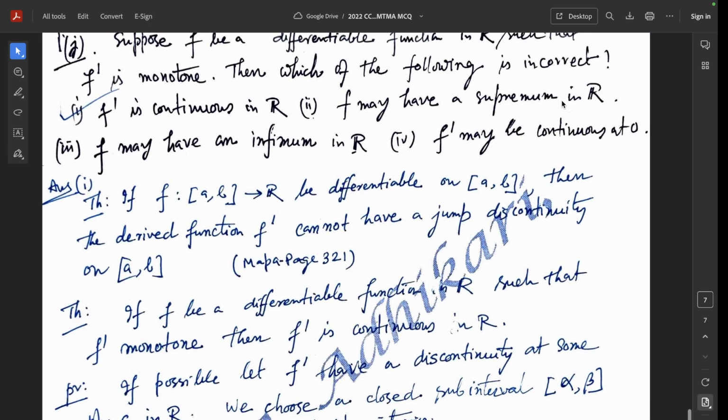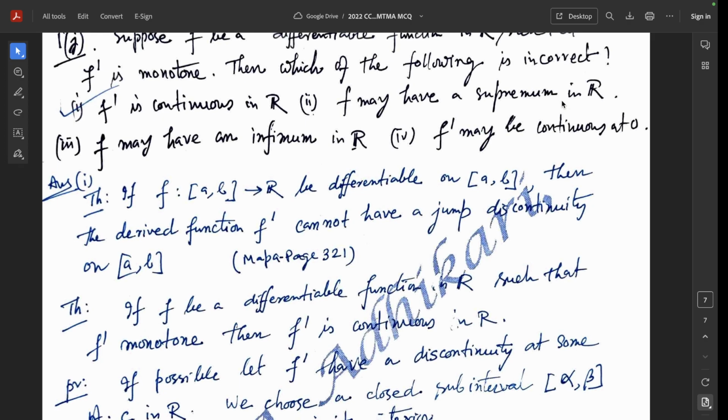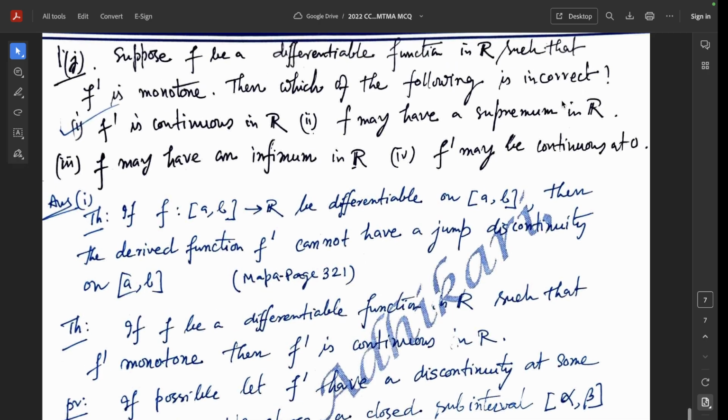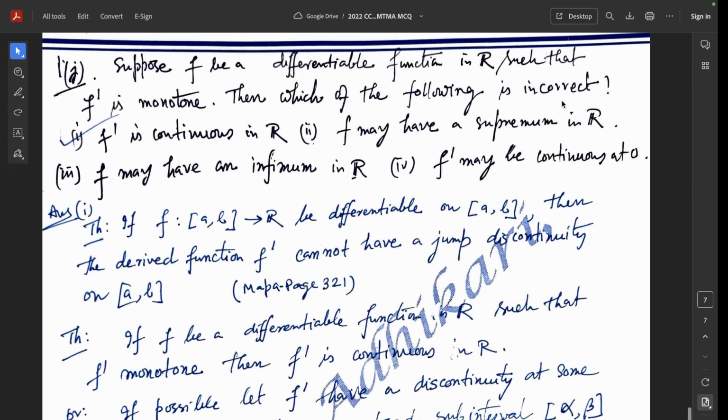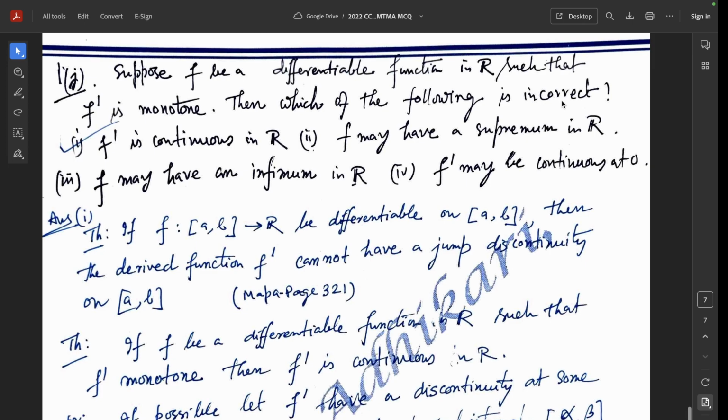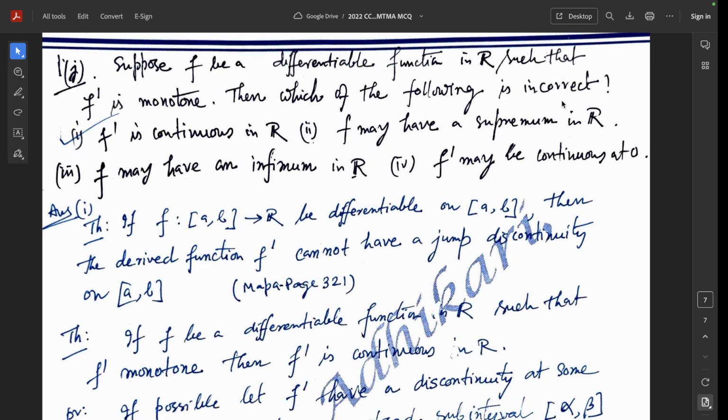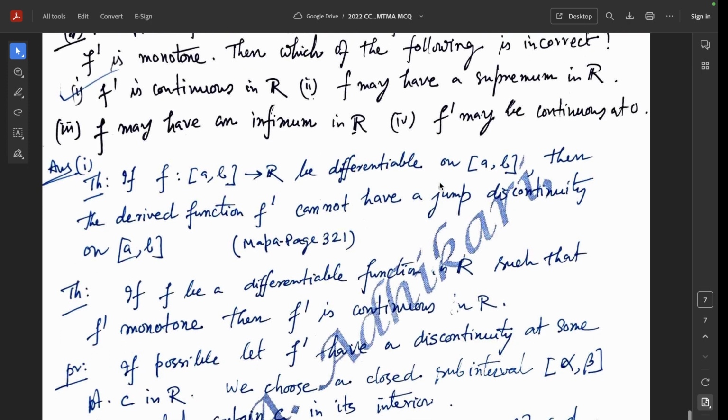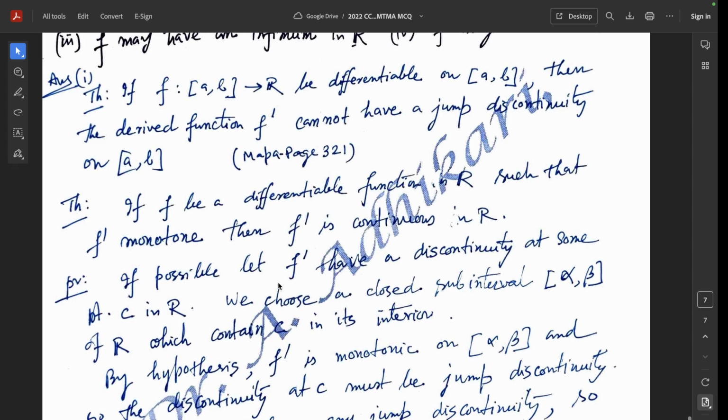If f' is continuous, then f may have a supremum in R, f may have an infimum in R. This is correct, not incorrect. f' is continuous in R is a correct option.